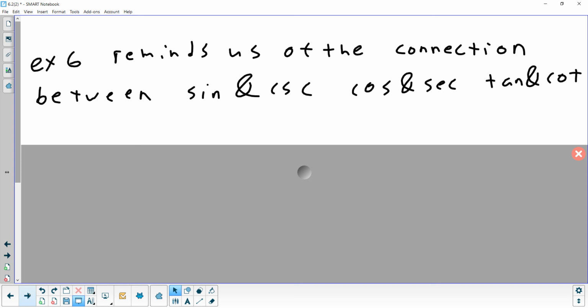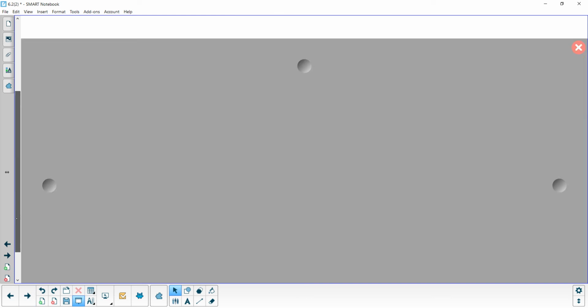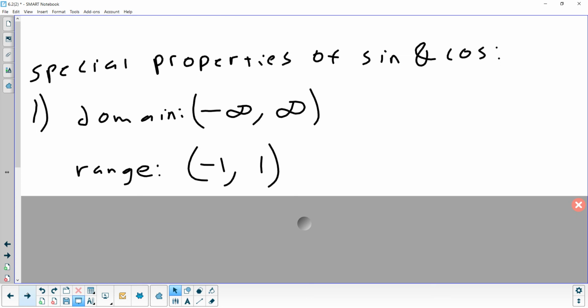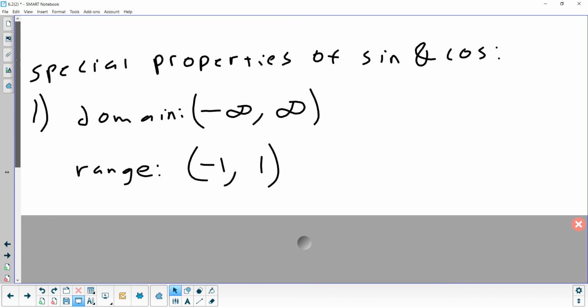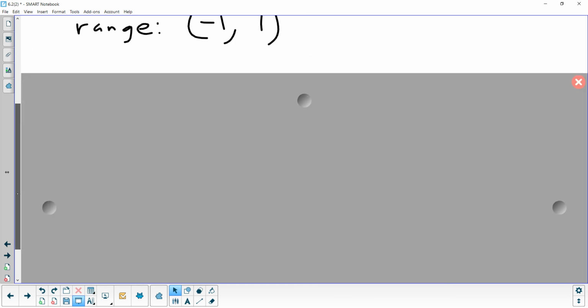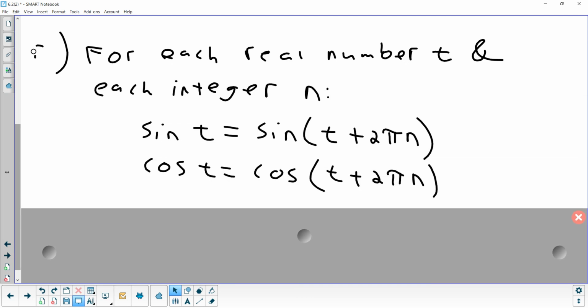So let's just finish up by writing down what we just said. With sine, cosine, secant, and cosecant, you can add 360 degrees. Where is it? Yes, right here. Well, let me write that property first since we just mentioned it.